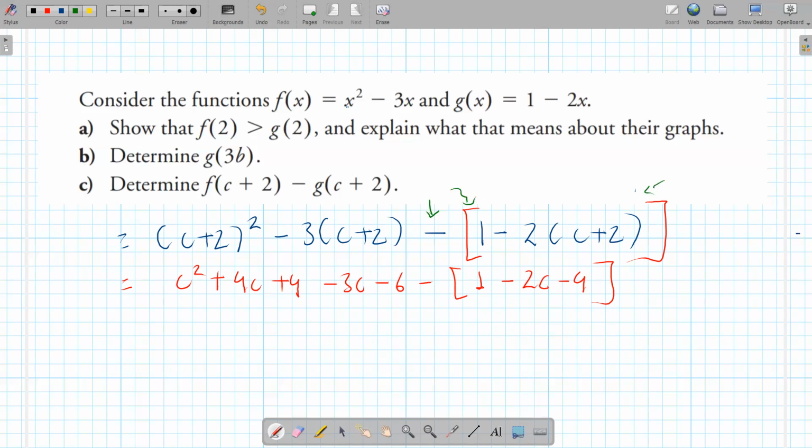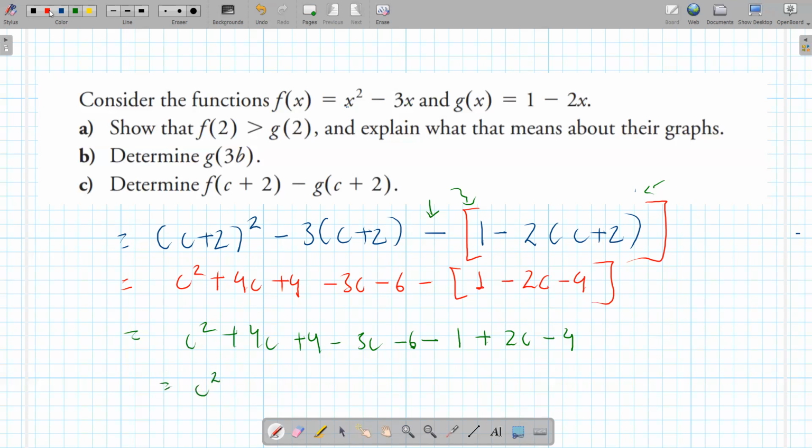Now let's open this bracket. You get minus 1 plus 2c minus 4. Good so far? Yep. Now let's look at the like terms, and then we'll just finish this question. So there's only one c squared, so that's going to be by itself.